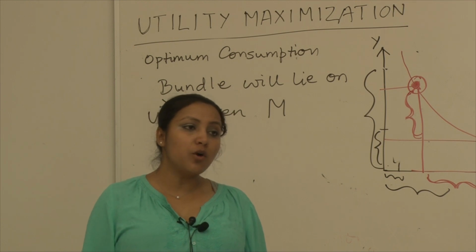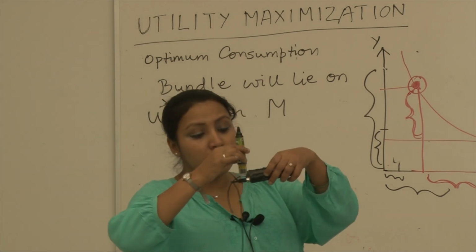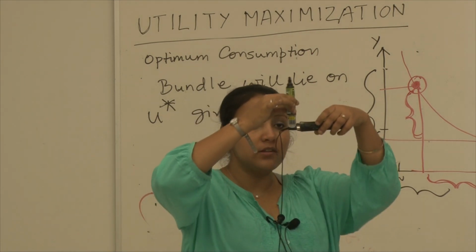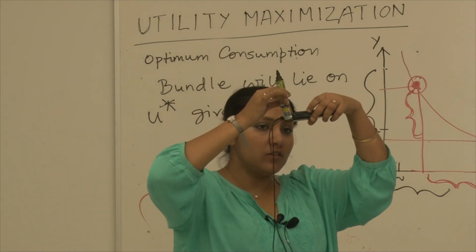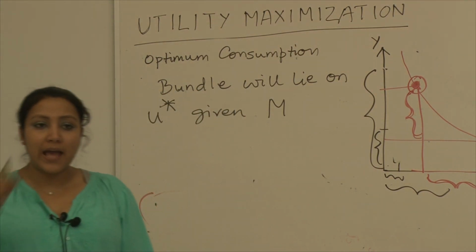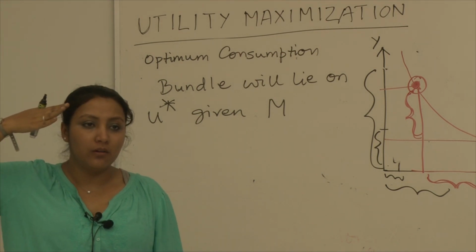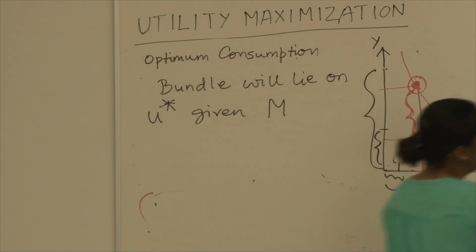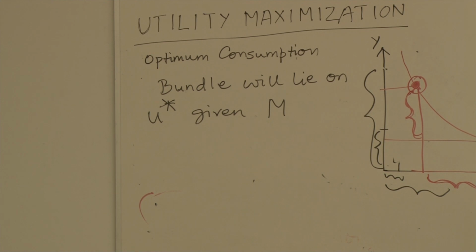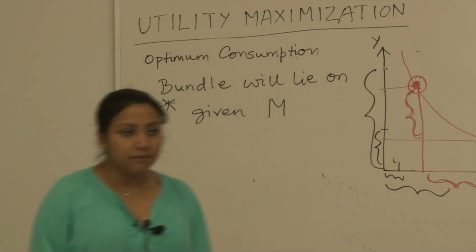Now, mathematically what does that point of contact mean? What does a tangent mean? Tangent just means that you are touching two surfaces at just one point, a very subtle point of touch. What does that mean? That means at that point those two surfaces have exactly the same slope. If you take the slope of that line and the slope of that curve at that point, they overlap, it is the same mathematically.